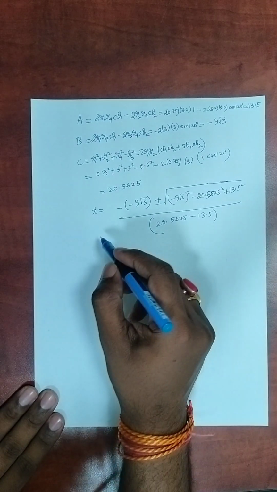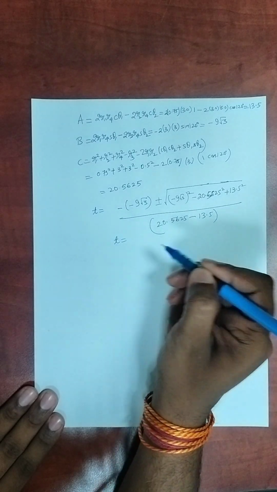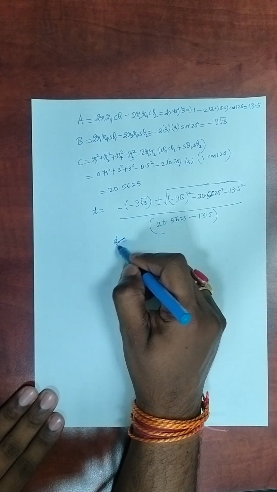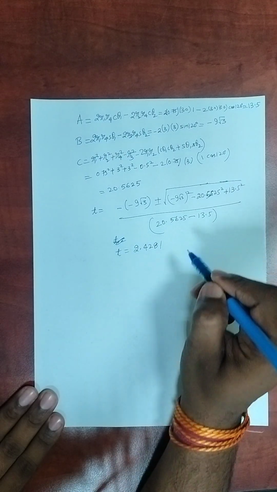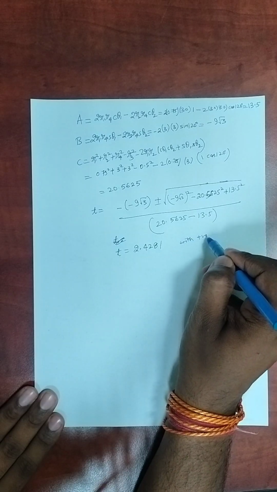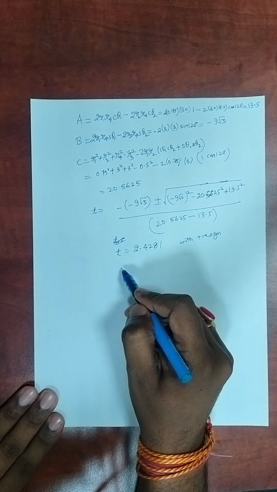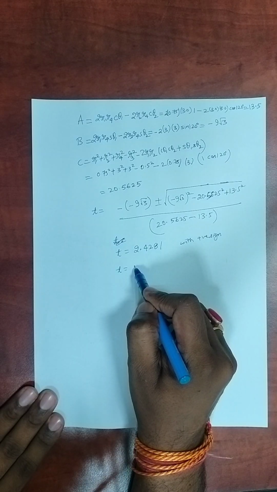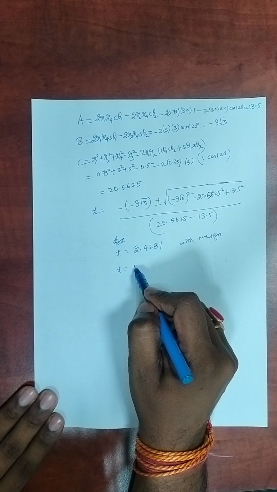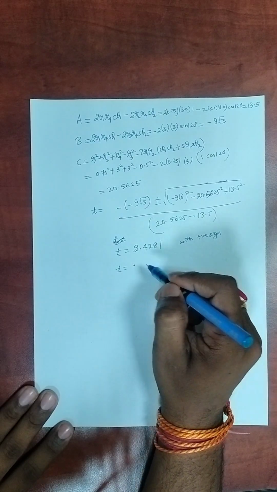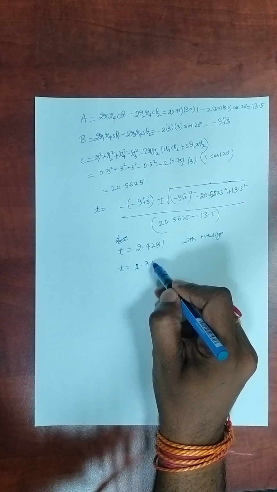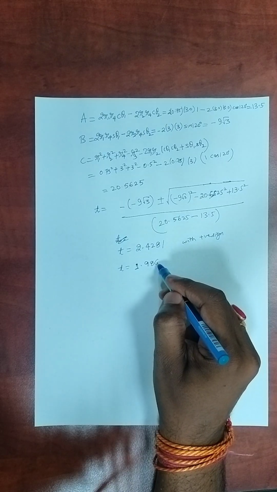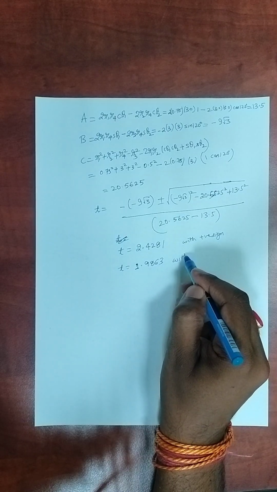So with this, I get two values of t. For t, I get either 2.4281 with positive sign here, and t is equal to 1.9863 with negative sign.